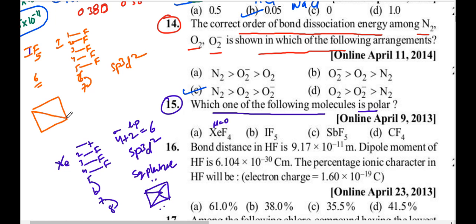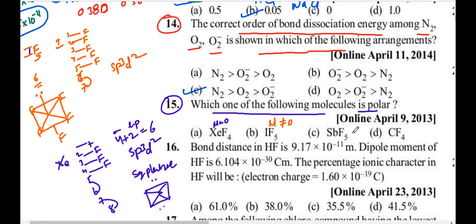First we have to take octahedral geometry, in which 1 position is a lone pair. Suppose the lone pair is at the top. Okay, it is not symmetrical, so it is polar. Mu is not equal to 0.